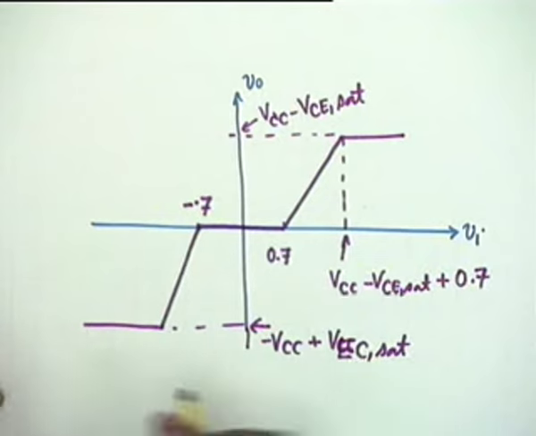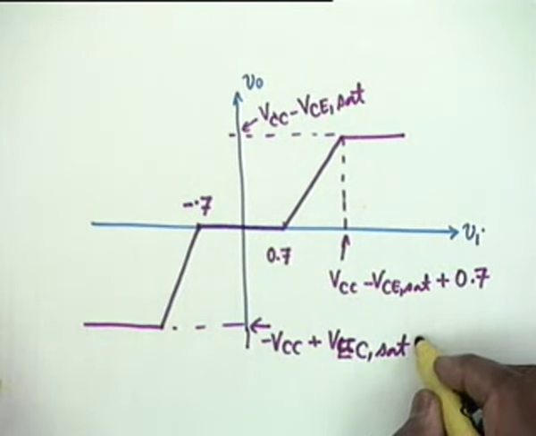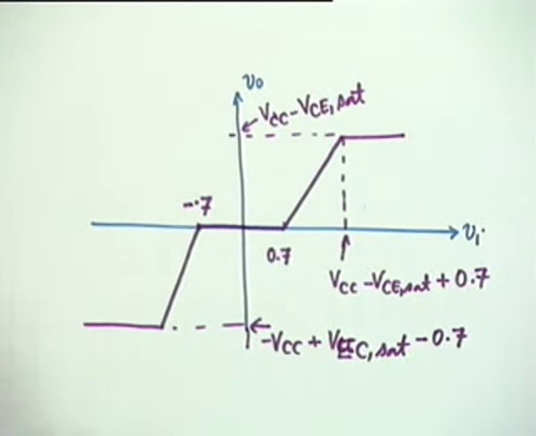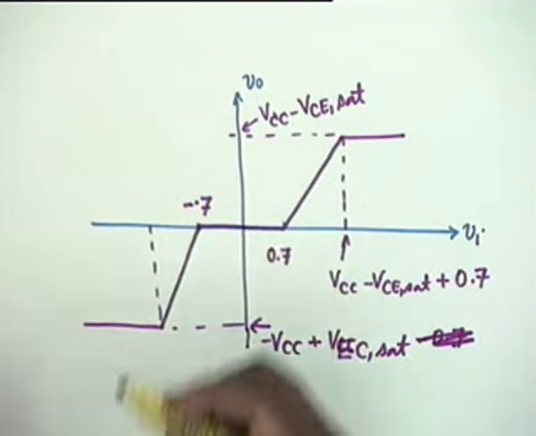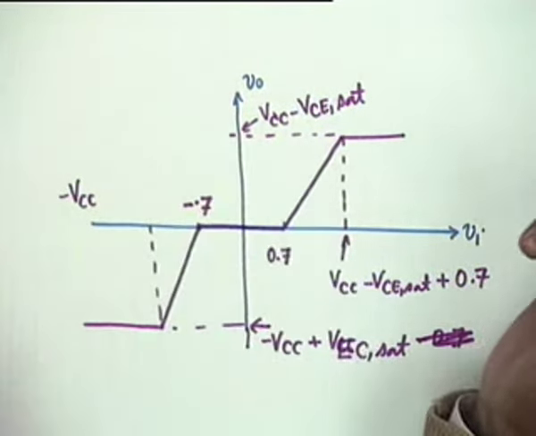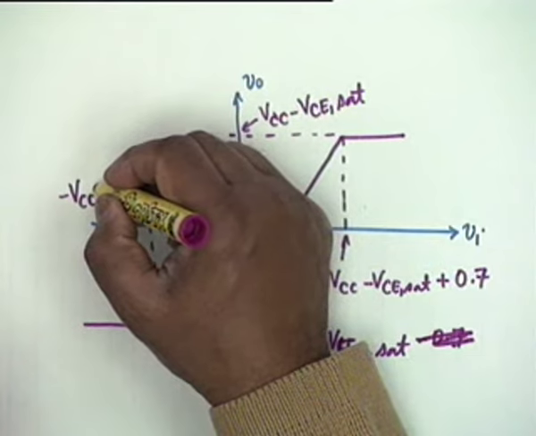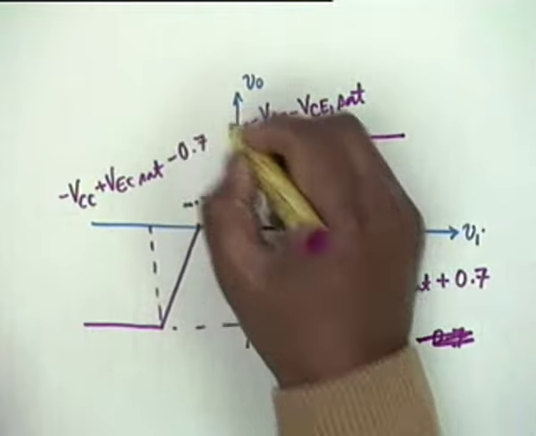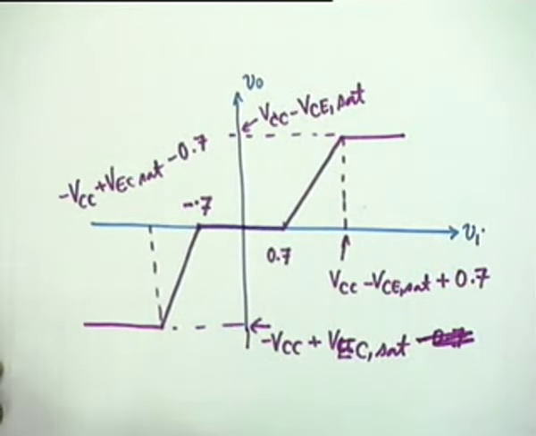VEC set will be a positive value. Then minus 0.7? Not minus 0.7 on the output; the minus 0.7 will be on the input. Agreed. So the input under this condition would be minus VCC plus VEC set minus 0.7.